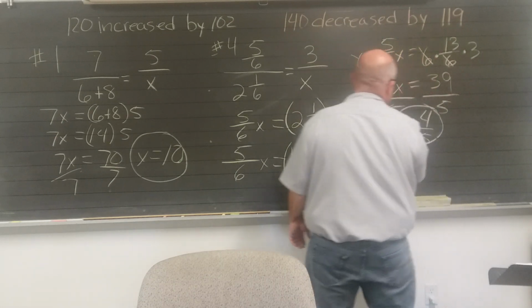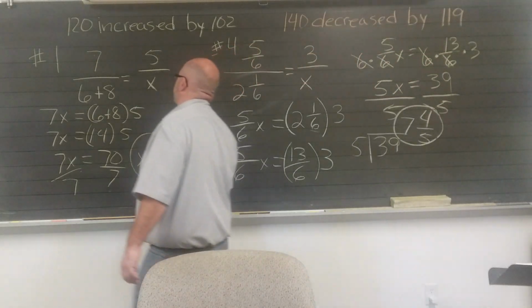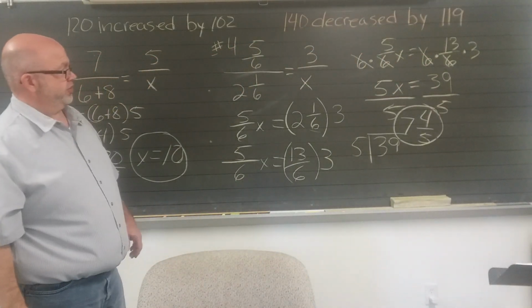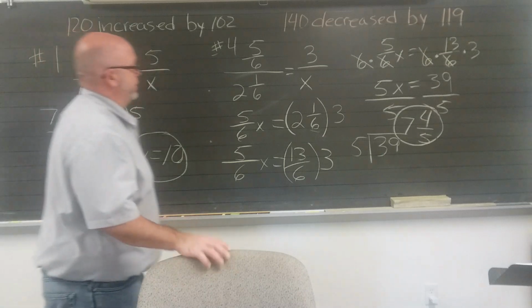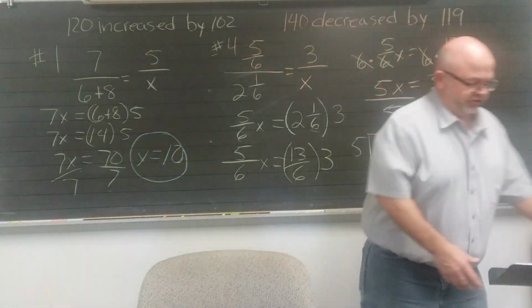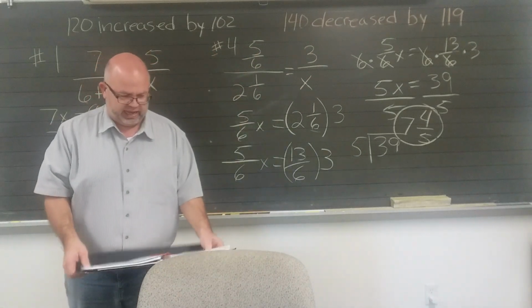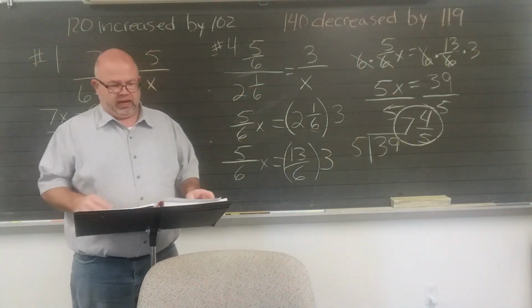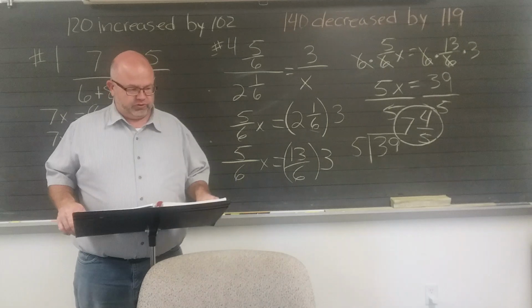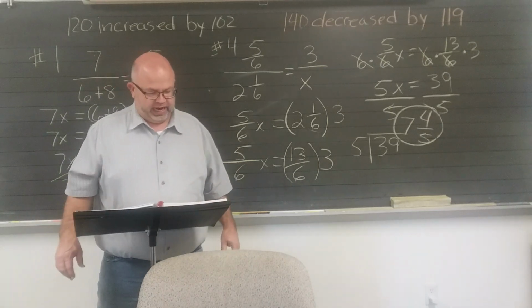Your answer for number 4 is 7 and 4/5. Okay? So check that out. Pause that video or whatever you need to do. Check that work out. That's lesson 141, which is due today, actually, let's look at a couple more.